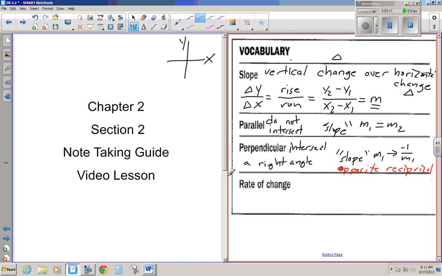The rate of change is the relationship between change in quantities. So we'll say ratio between the change of two quantities.